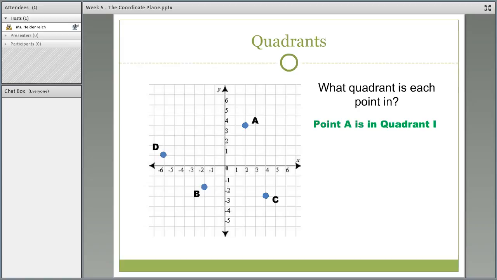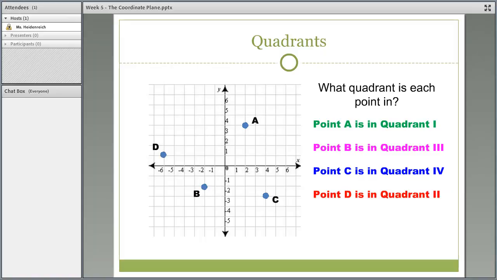So that is actually quadrant 3 because remember we start in quadrant 1 and go around counterclockwise when naming the quadrants. C is on the bottom right, which is called quadrant 4. And D is the last quadrant that we haven't listed. It's quadrant 2 because it's actually right to the left of quadrant 1. So that's quadrant 2 for point D.